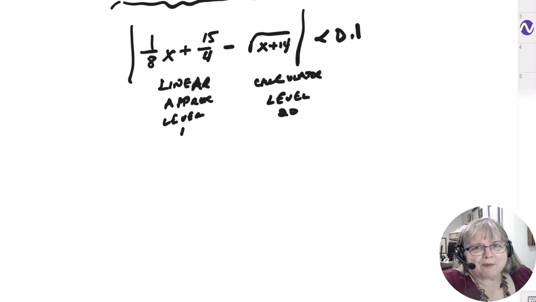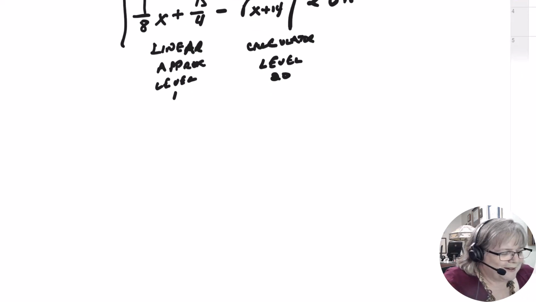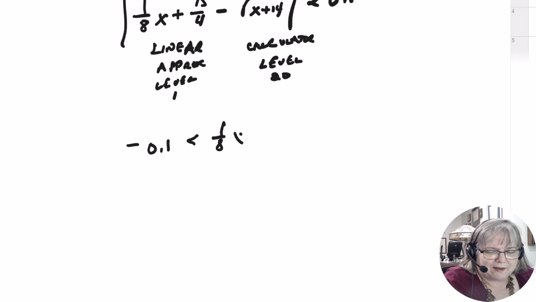Now, keep in mind that 0.1 doesn't sound very big, but if it's 0.1 of $1 billion, that's a lot of money. I would take 0.1 of $1 million, all right, or $1,000. I'd be happy with that. All right, now here we go. Remember algebra? Minus 0.1 is less than 1/8 x plus 15/4 minus the square root of x plus 14, which is less than 0.1.